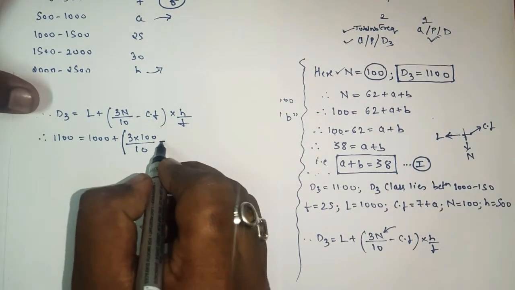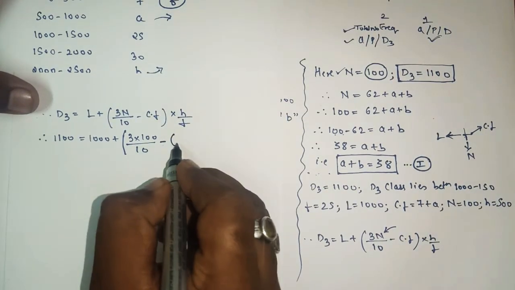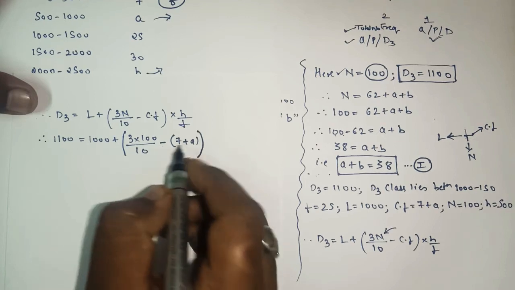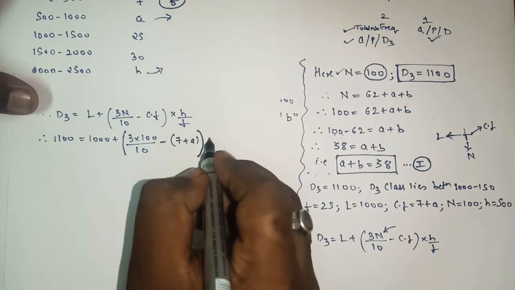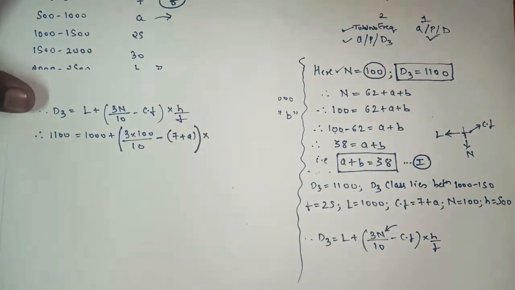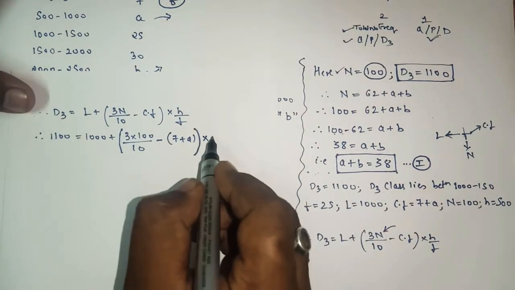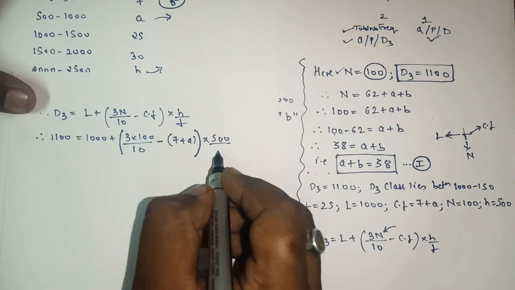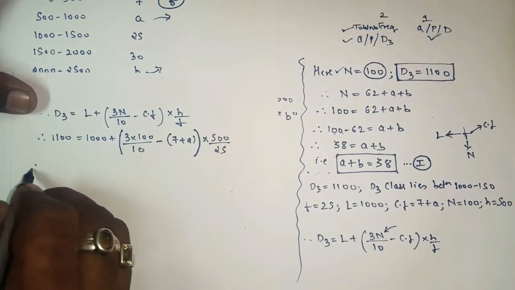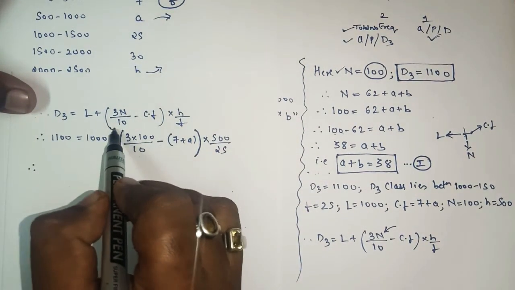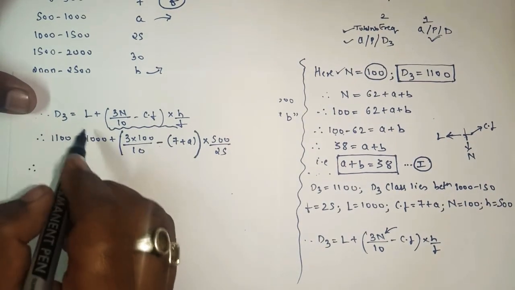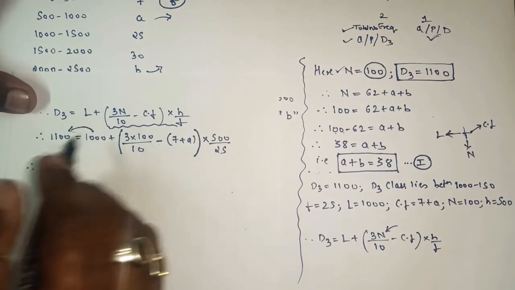As we know, whenever we have more than one value, we write that value inside the bracket. Why so? Because here the sign will change. H is 500, F is 25. So this section is with H upon F, and this L is separate, so we can bring this 1000 to the left hand side.